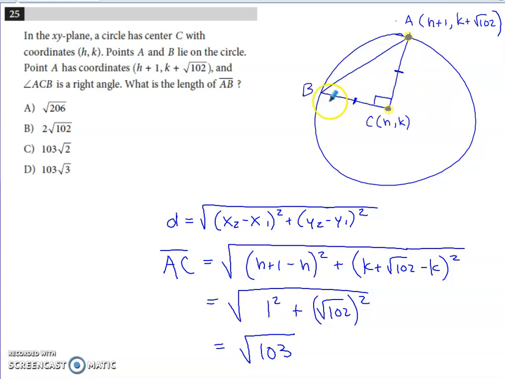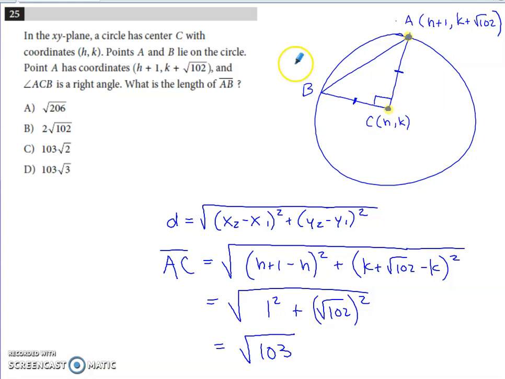No matter which side of the center, left of center or right of center, I decide to place point B, I'm going to end up with a triangle that is guaranteed to be a 45, 45, 90 triangle and an isosceles triangle. How do I know that? I know this is a right angle. I know that B is on the circle. So the distance from the center to point B and the distance from the center to point A are going to be the same. What we're really trying to find is the length of line segment AB, this top part of the triangle.